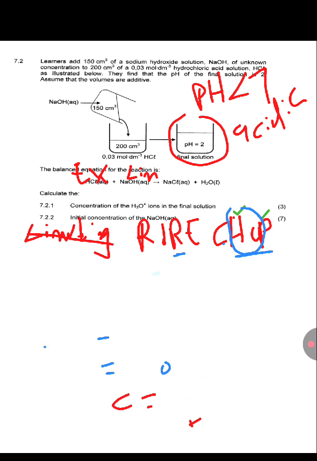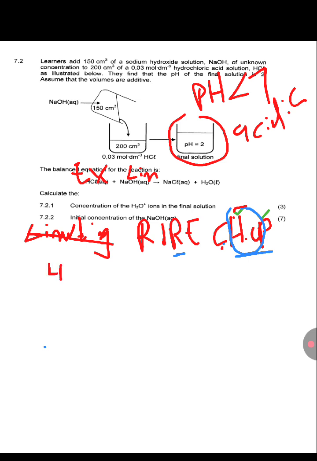So if you check now, we're going to say, right, already I have got the concentration of hydronium ions. Now to get the concentration of the acid itself, it's simple because I just use the ratio. To move from the acid to hydronium ions, you just use the ratio between them.